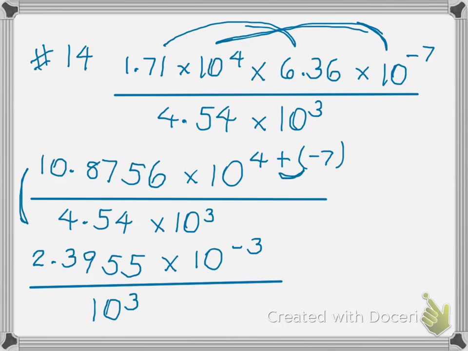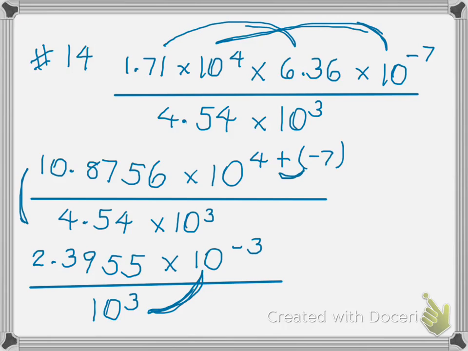Okay, so now all I have left to do is to simplify this part. I know I can simplify it because again the bases are alike, but this time the bases are dividing. When we divide like bases, we use the quotient rule, we subtract the exponents.